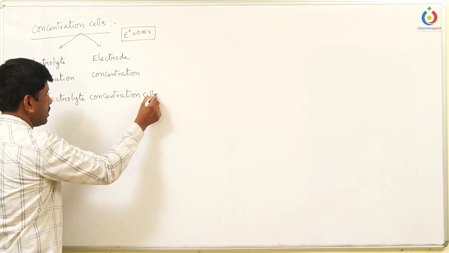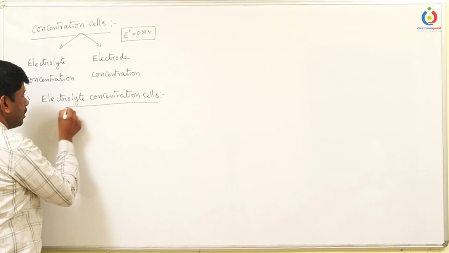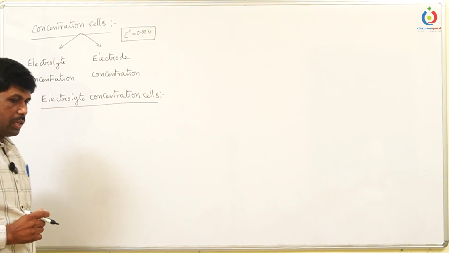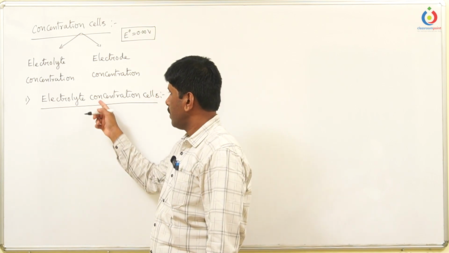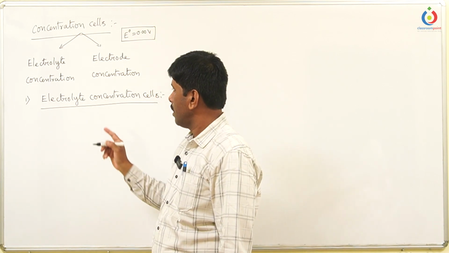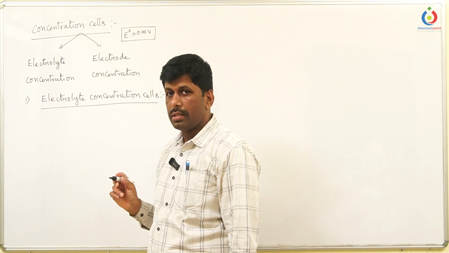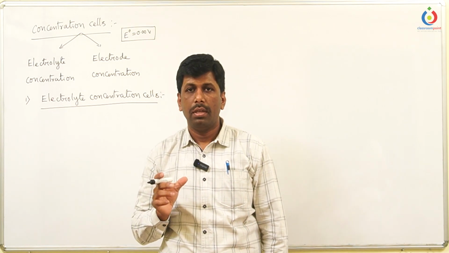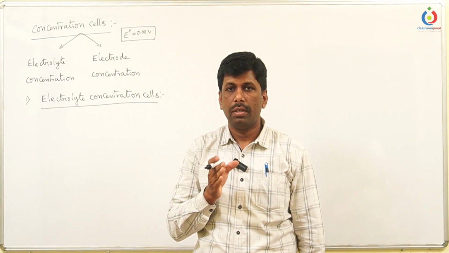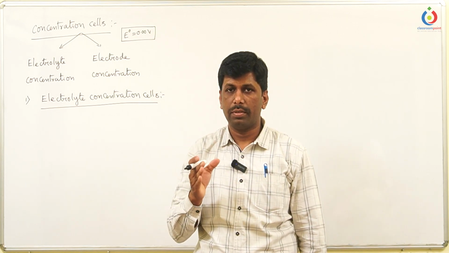Electrolyte concentration cells. The meaning of electrolyte concentration cells is, in this type of cell, identical electrodes are placed in the same electrolyte solution having different concentrations taken in two different beakers.